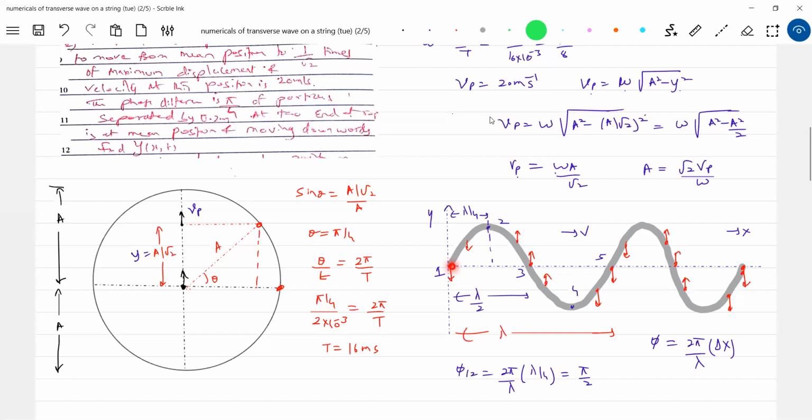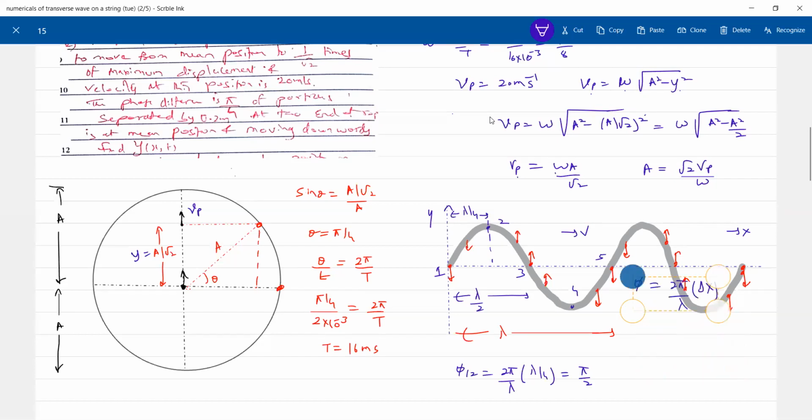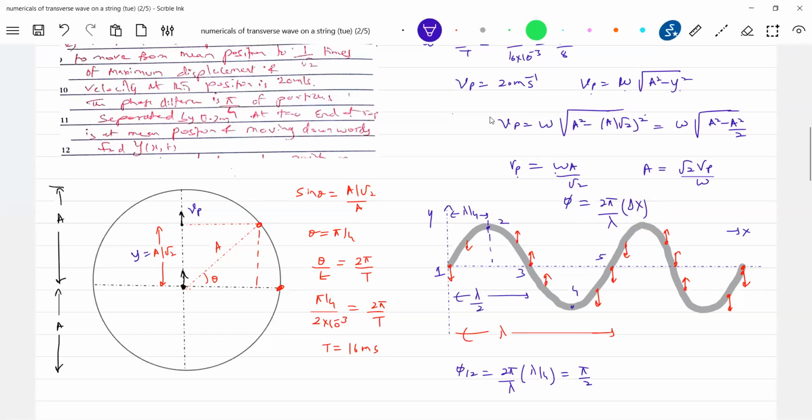Similarly, what is the phase difference between 1 and 3? Now I'll write it here somewhere. This is the important formula. So 2 pi by lambda. What is the separation between 1 and 3? The horizontal separation.